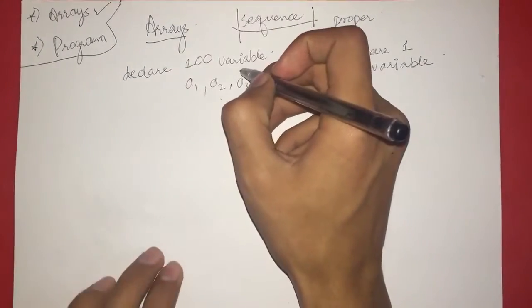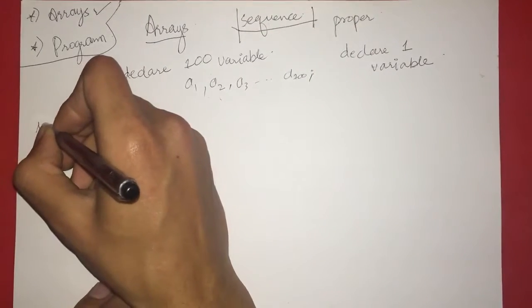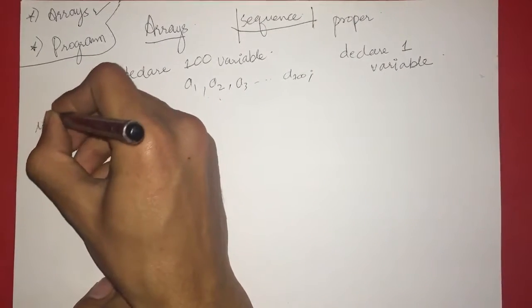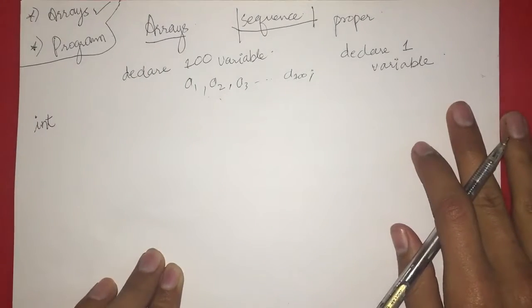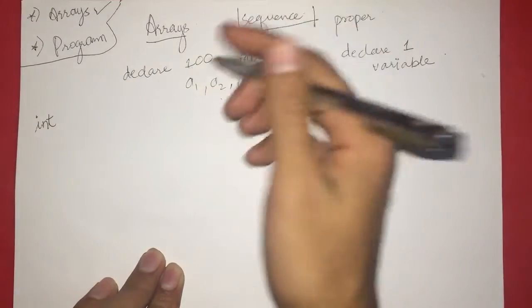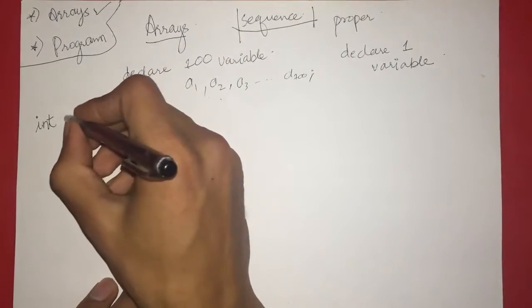for example, first you mention the data type of the variables that you are going to place in the array components, and then you have the array name.